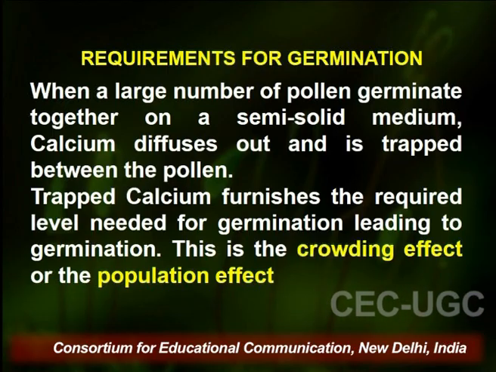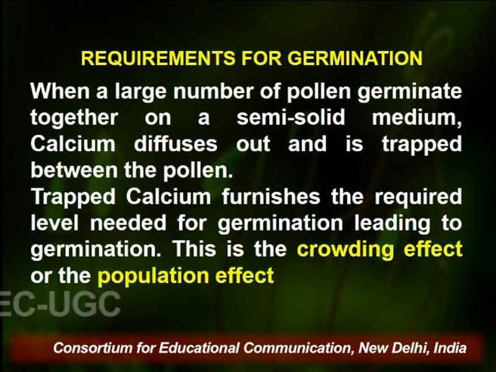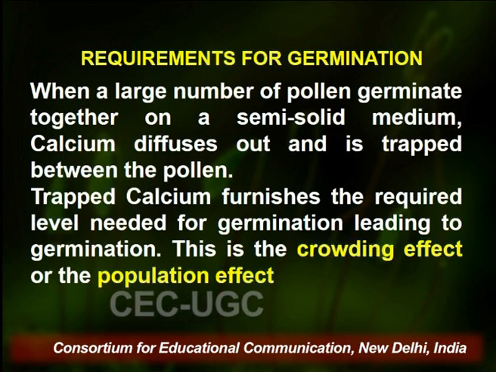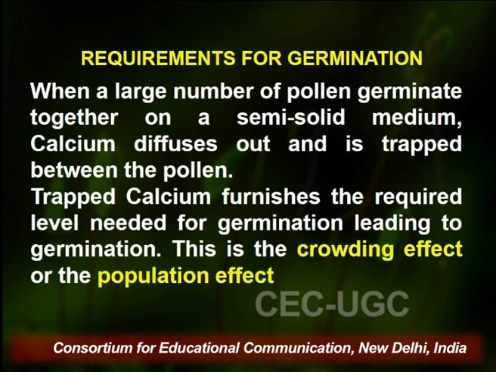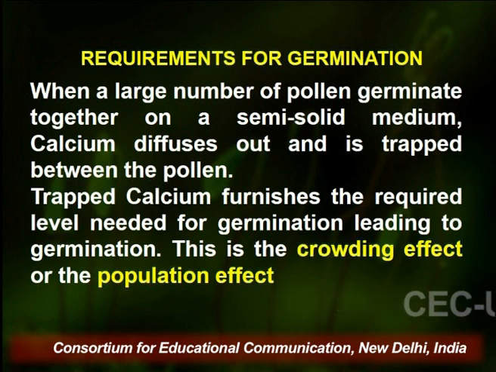So generally what happens is that when a large number of pollen germinate together on a semi-solid medium, calcium diffuses out, but if there are too many pollen grains on the surface, then this calcium is trapped between the pollen grains, and this trapped calcium furnishes the required level needed for germination, leading to germination.